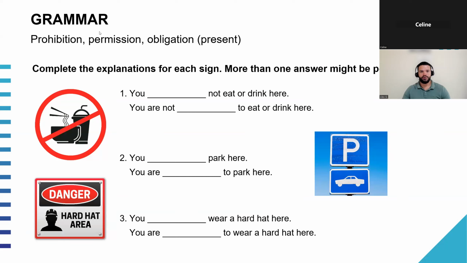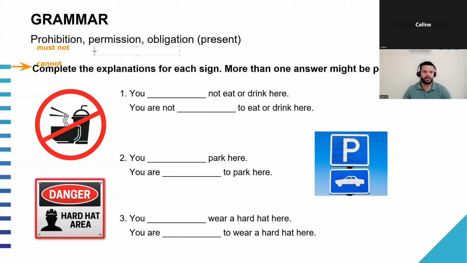Okay, so let's just continue. Here we have prohibition, permission, and obligation. So let's read the example here. It says complete the explanations for each sign. More than one answer may be possible. Excellent. So when we want to use prohibition, you can say must not or can not, right?